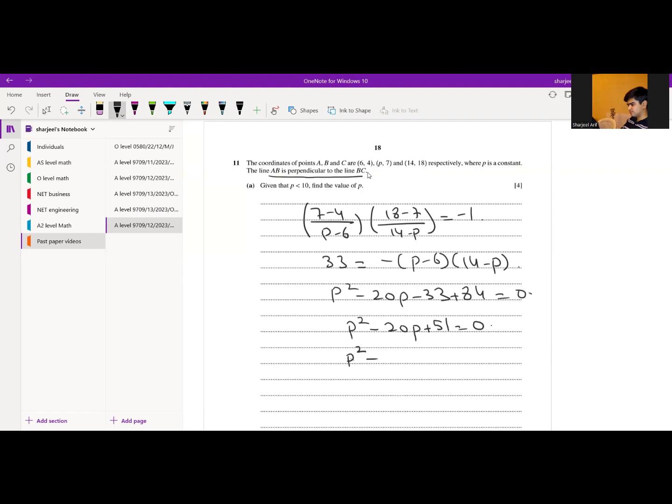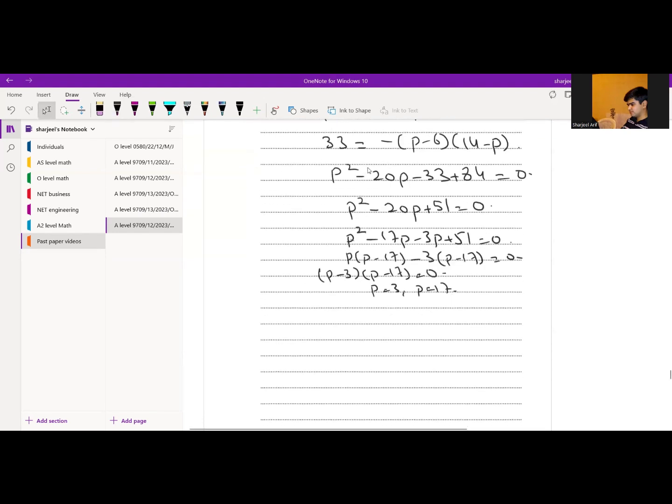We can factorize it to get P minus 3 into P minus 17 equal to 0. So P equal to 3 or P equal to 17. As P is less than 10, P is equal to 3 will be our answer.